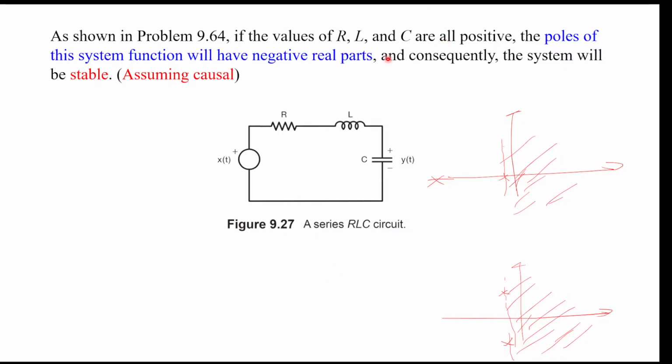Here we only know that R, L, and C are all positive, and we learn that the system is stable. So any RLC circuit should be stable. This is a very nice thing we learn from the Laplace transform.